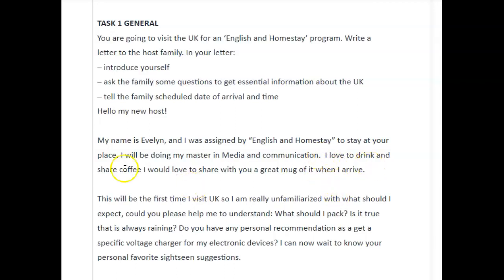I love to drink and share coffee. Then that's its own sentence. And then you've got, I would love to share with you a great mug of it when I arrive. So you're really missing something here, linking these ideas. And again, it was repetition with the share, the love. I thought you could have maybe written something a little more advanced. So let's try that.